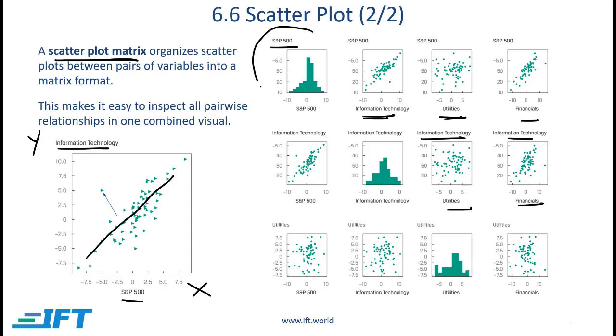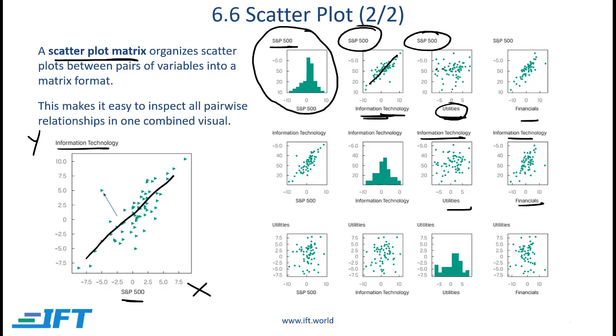This picture over here is S&P 500 versus S&P 500. So this is a regular histogram. But then here we have S&P 500 versus information technology, and we see a positive association. Then we have S&P 500 versus utilities. Here we don't really seem to have much of a correlation. So these two variables seem to be unrelated.